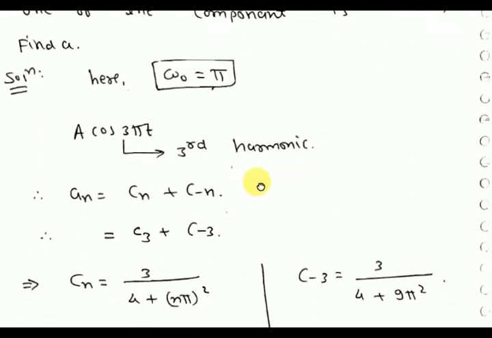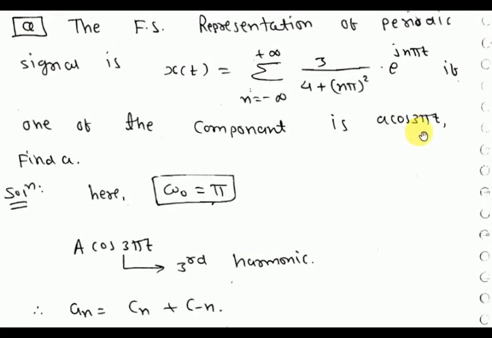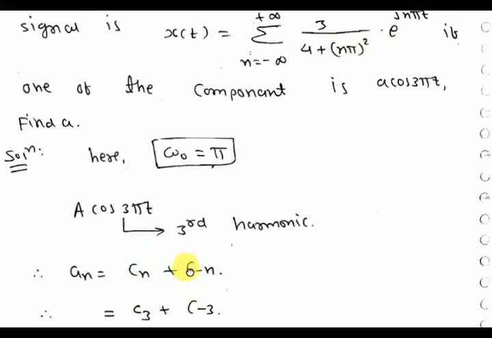Sorry, not just putting n equal to 3, you will not get it, because this is cos and this is an exponential Fourier series. You have to find the trigonometric Fourier series from this. So what we have to do is calculate an, which is c minus n plus cn.